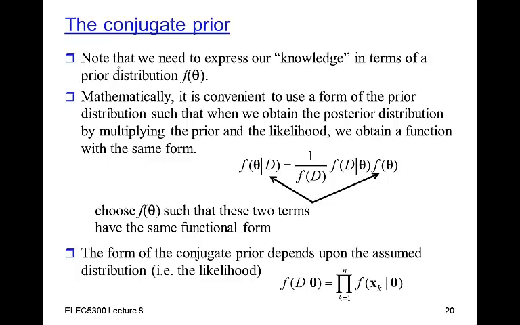Mathematically, it is convenient to use a form of the prior such that when I take the posterior distribution by multiplying the prior by the likelihood, these two probability distributions, which are both over theta, have the same functional form, and maybe only differ by parameters.